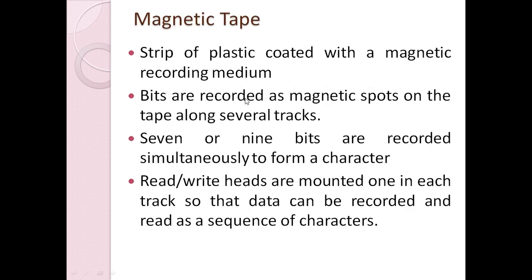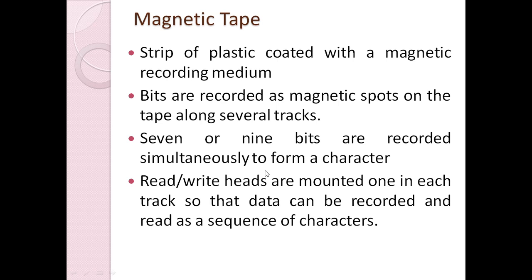Now the second type of auxiliary memory device is magnetic tape. Magnetic tape is a strip of plastic which is coated with a magnetic recording material, and the bits are recorded in the form of magnetic spots along several tracks on the tape. 7 to 9 bits are recorded simultaneously to form a character.